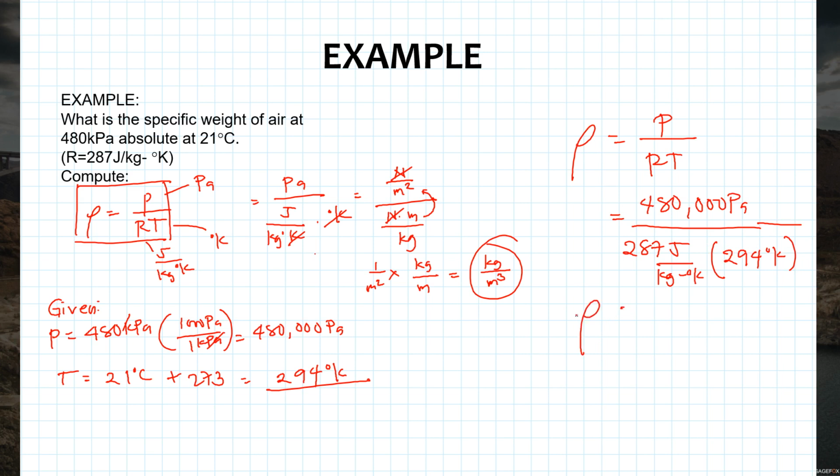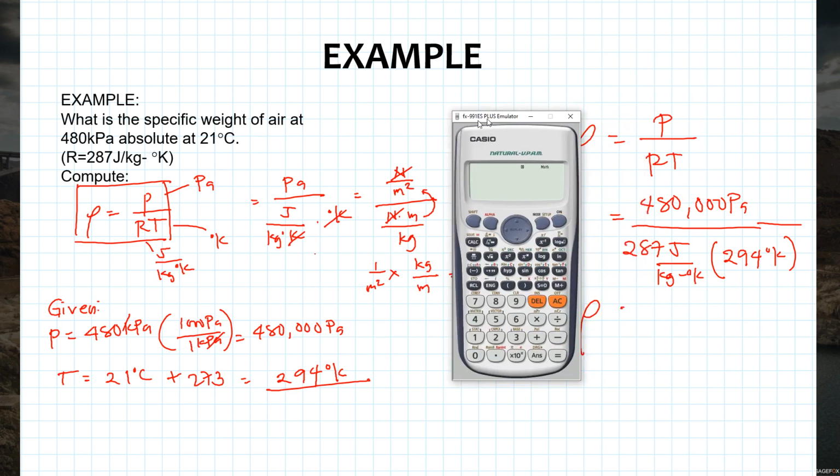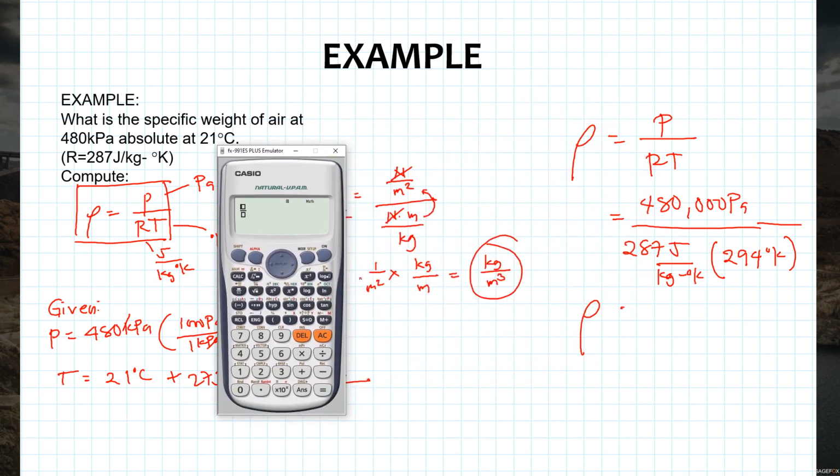So rho is equal to 480,000 divided by 287 times 294. This will be your unit. It has a very low value, 5.689.